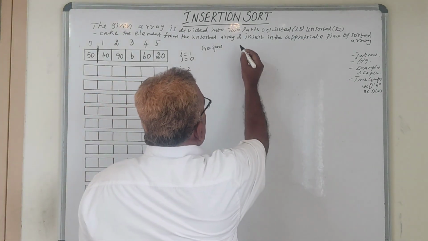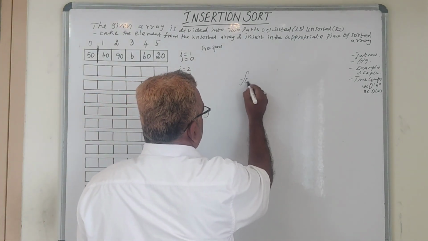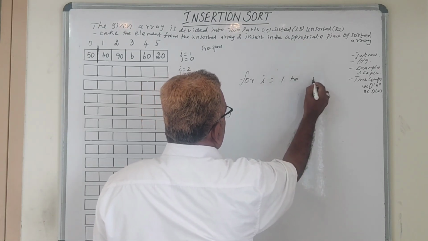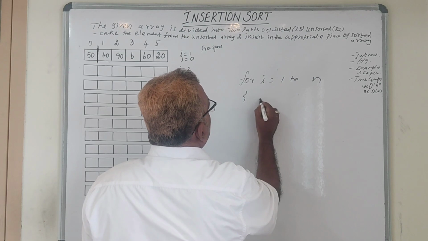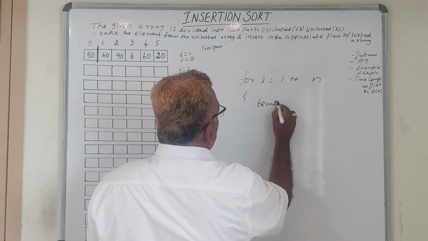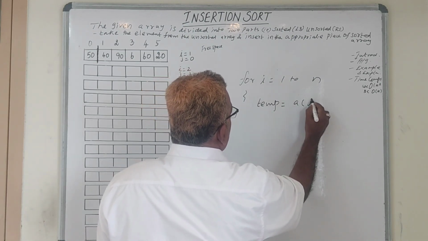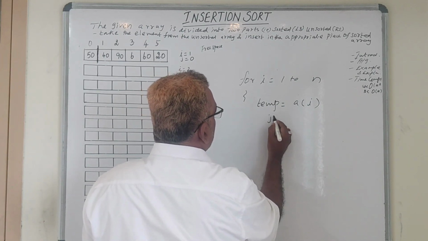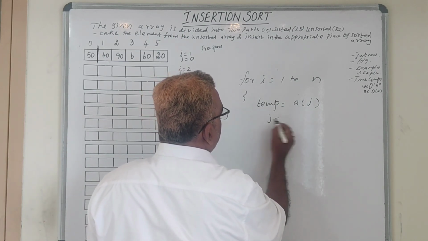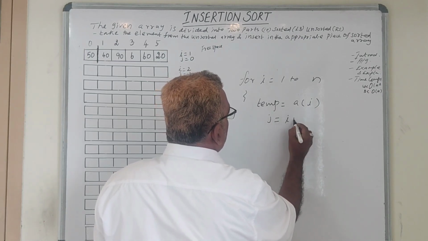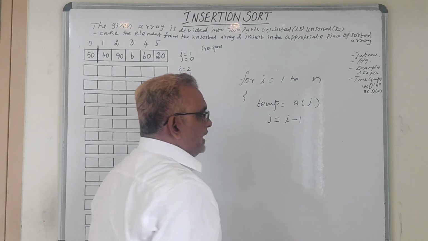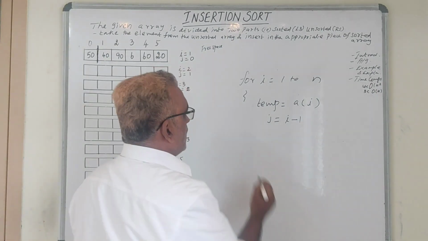The algorithm of insertion sort can be written as: for i equal to 1 to n, store the value a of i in a variable temp, and we need another index variable j, initialized as j equal to i minus 1.